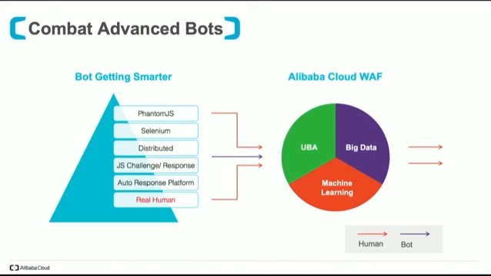And nowadays, the skills and tools these advanced attack bots employ are very, very sophisticated. In certain scenarios, they even use real humans to come and collect the data from you. So we have to use user behavior analytics, data analytics, and machine learning to identify what's a human and what's a bot.